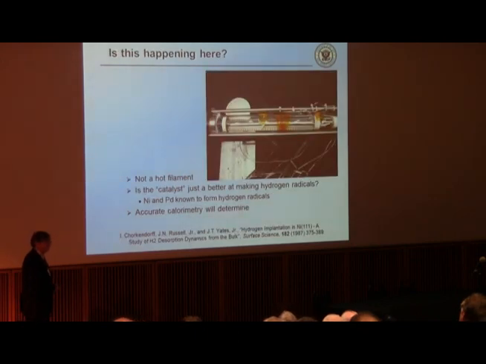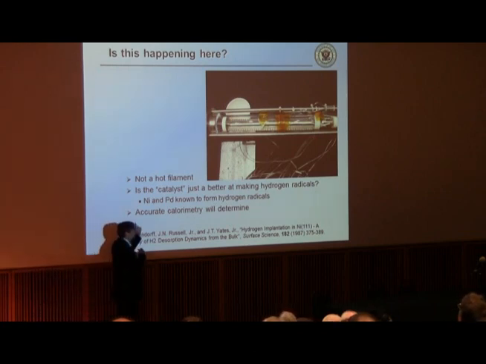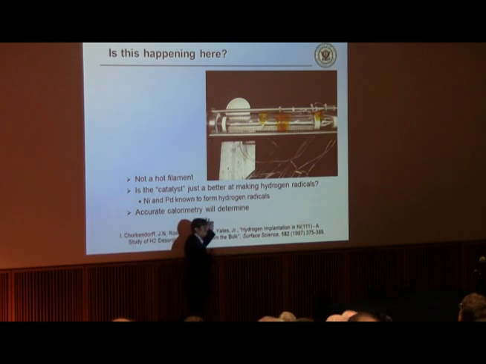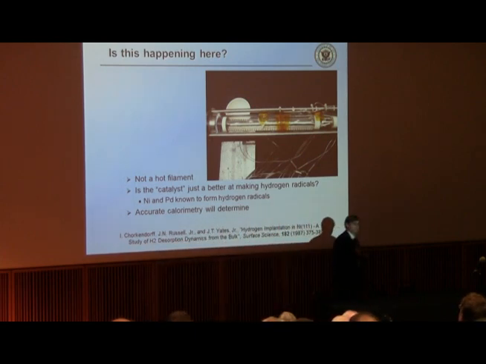To give you that picture, here you have a hot filament. Is this catalyst just right for making hydrogen radicals? I hope my chart of happiness will be off the chart if calorimetry is done accurately on the system, and that will tell us, rather than just hotter on the outside versus on the inside.